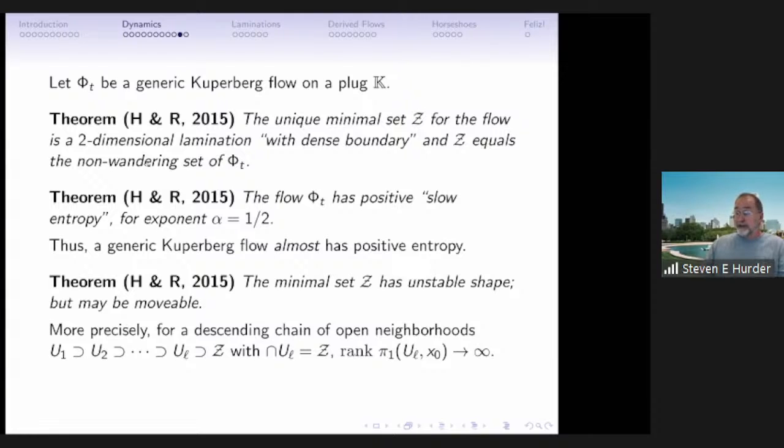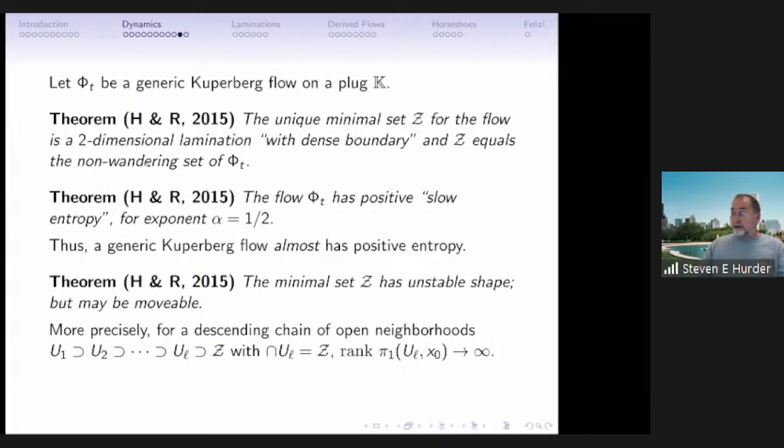And that really depends on the quadratic approach. If you only assume C1, then Greg has examples of the construction of Christina where the minimal set is one-dimensional. So this two-dimensionality is very much dependent on the whole thing being C2 at least, probably more than that.